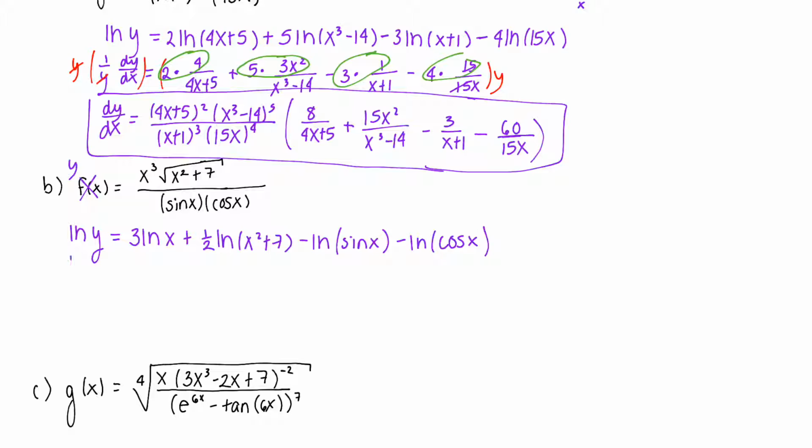So these factors in the denominator get split up with subtraction because they're both in the denominator. Taking that derivative, 1 over y dy/dx is equal to 3 times 1 over x plus 1/2 times 2x over x^2+7 minus the derivative of sine x, which is cosine x, all over sine x, minus the derivative of cosine x, which is negative sine x, over cosine x.